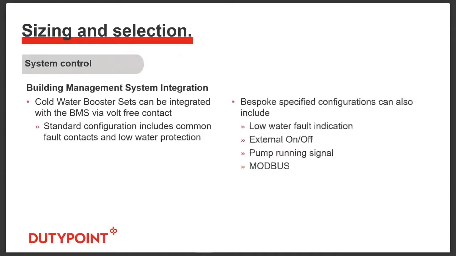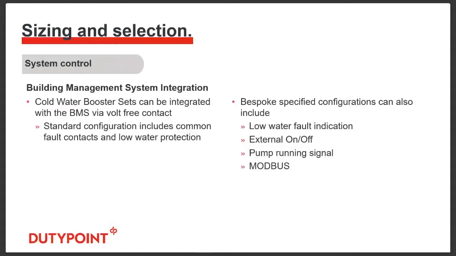And we tend, as I'm sure other manufacturers do, to offer a full range of inputs and outputs if they're required. So things like an external on and off switch, a signal to show that one pump or all pumps or individual pumps are running, Modbus connection as well.